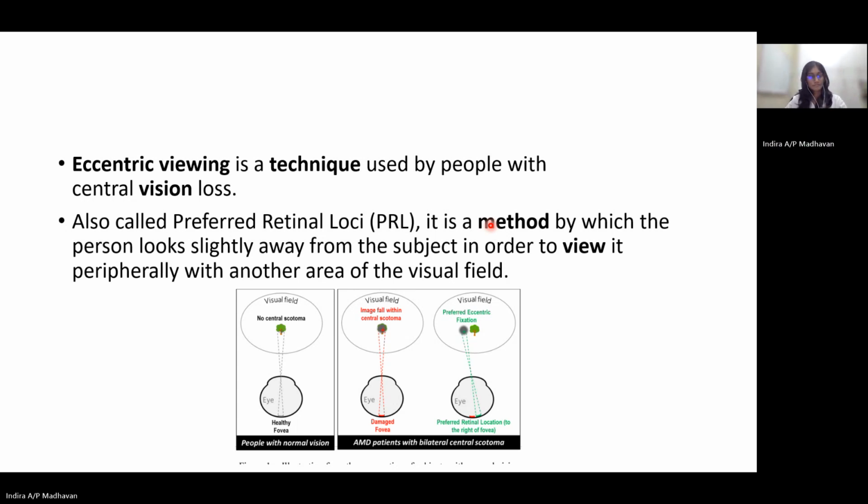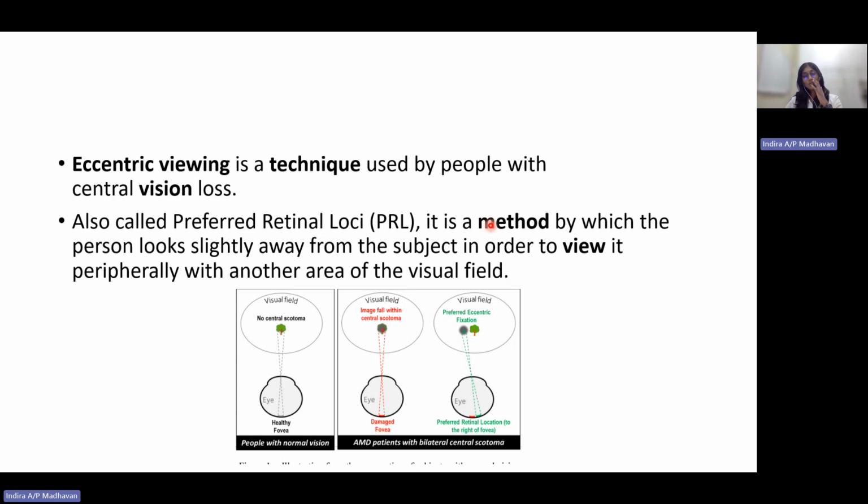So now the lecture is going to be focused on how we train a patient who is not using the eccentric viewing technique yet. Number two, we are going to train patients who are already using the eccentric viewing technique for distance, but they don't know how to apply that for near. So those will be the two groups that we usually train in the clinic.